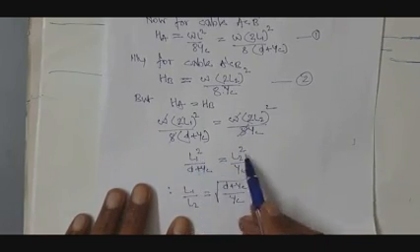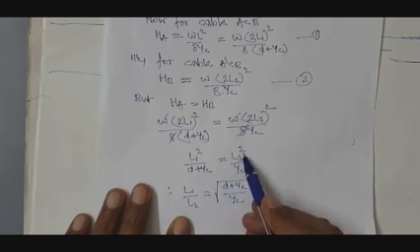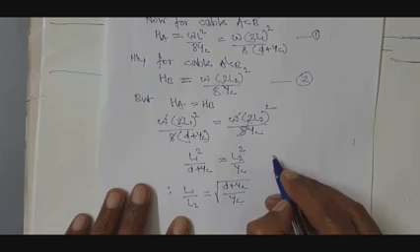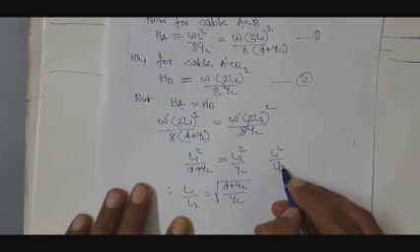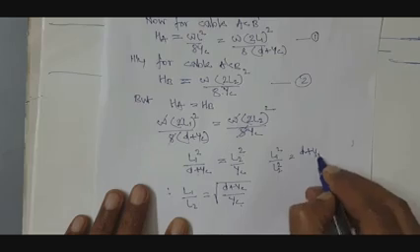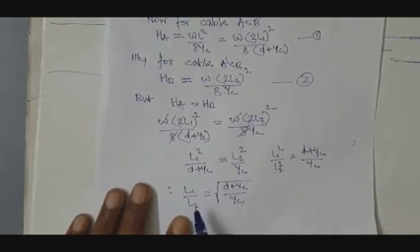Now if you take L1 square by L2 square, it equals D plus YC divided by YC. Therefore L1 by L2 equals the root of D plus YC divided by YC.